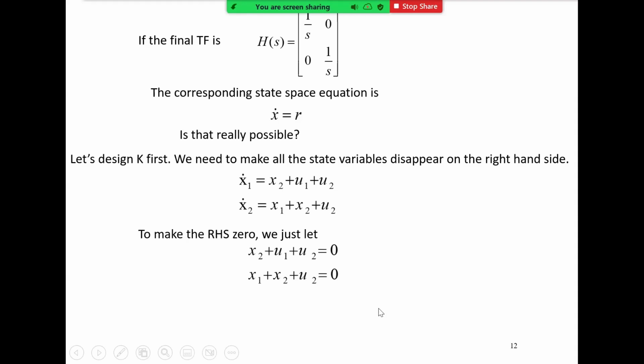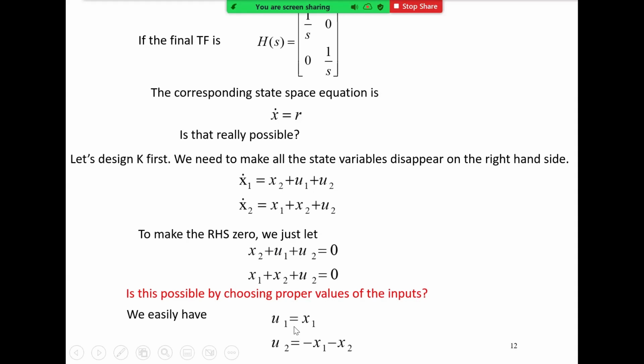You look at this: there are two equations and two inputs. Is it possible to choose proper values of the input to make this happen? Of course, you can do it. You can easily have the first input equals x1, and the second input is minus x1 minus x2. Is that clear?